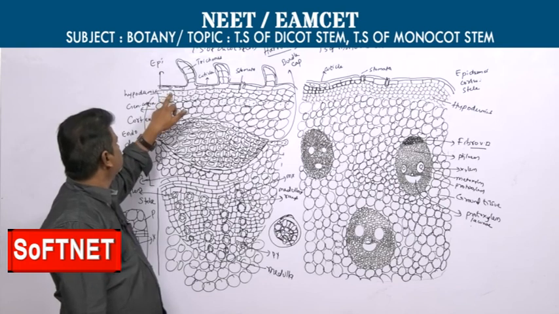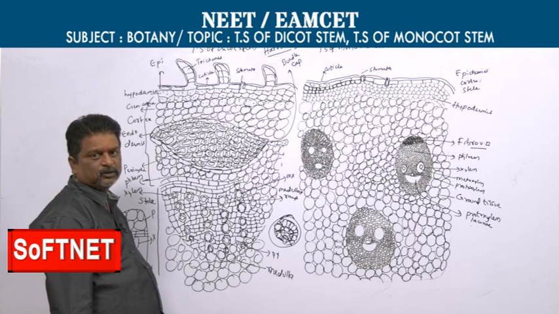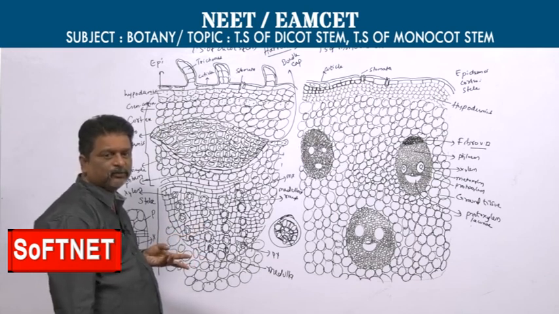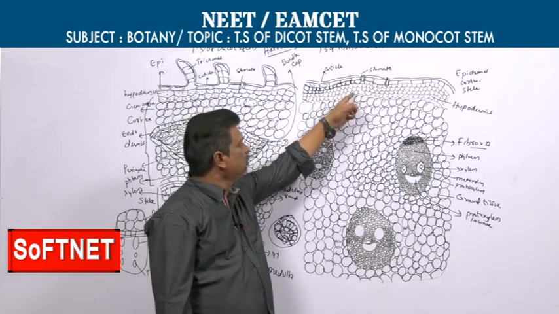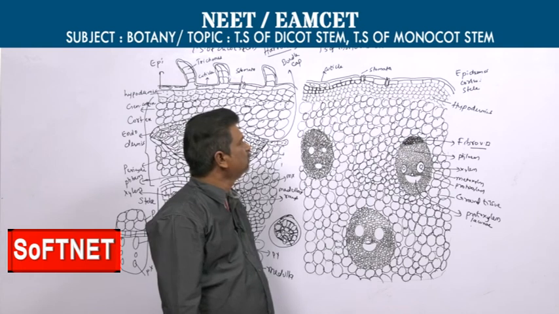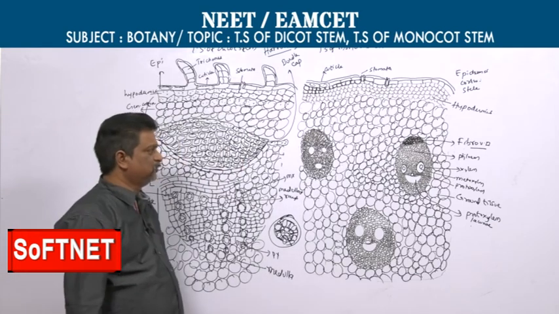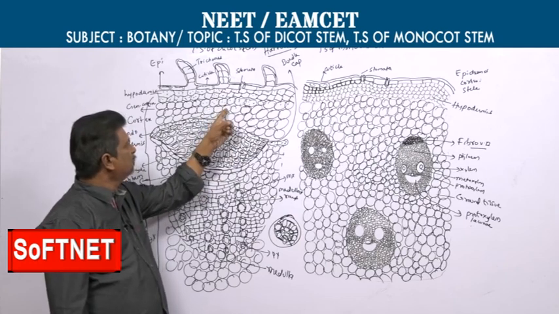The hypodermis is collenchymatous in dicot stem, so it performs two functions, elasticity and also photosynthesis. But in the monocot stem, the hypodermis is sclerenchymatous, so it gives only mechanical support. Then the middle cortex is called general cortex.